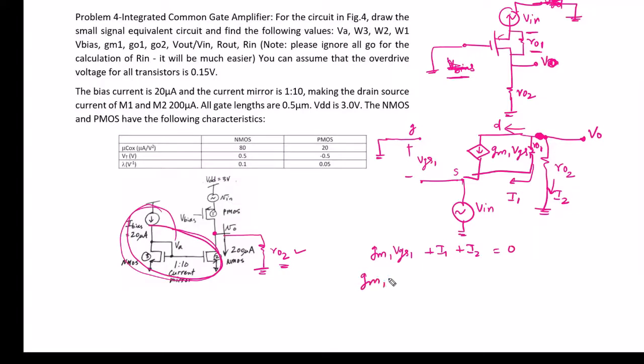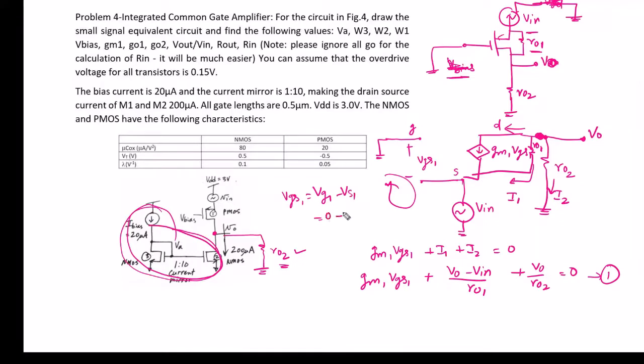So we can write this equation as I1 is VO minus Vin divided by RO1, and I2 is VO divided by RO2, equal to 0. So this is our first equation, and from the input side we can write VGS1 as VG1 minus VS1. VG1 is 0 and VS1 is Vin. So I can write VGS1 as minus Vin.